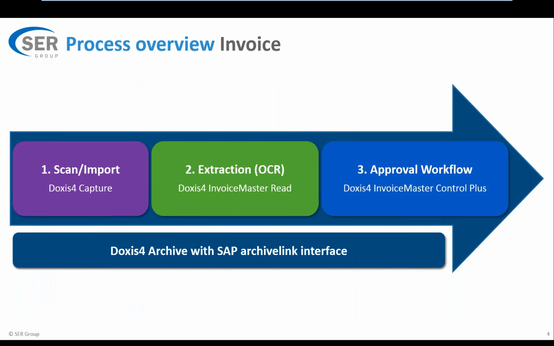So we offer a solution called Doxis4 Capture to scan paper-based invoices, but we can also import electronic invoices, for example, if they are sent via email as a PDF attachment, or if you or your customers work together with a scan provider, which gives you the images, and so we can import everything in the process chain.